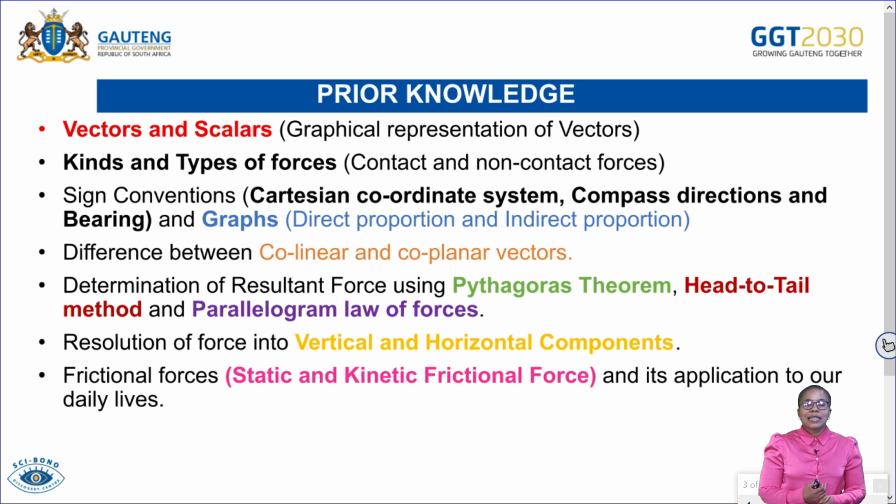Okay, lastly, we should be able by now to define a frictional force, to differentiate between the 2 types of frictional force, that is your static and that is your kinetic frictional force, and be able to apply it in our daily lives, highlighting the importance of friction in our daily lives. Okay, so these are all the subtopics that we've done under mechanics, and today we are all summing it up into one by revising it using past question papers.